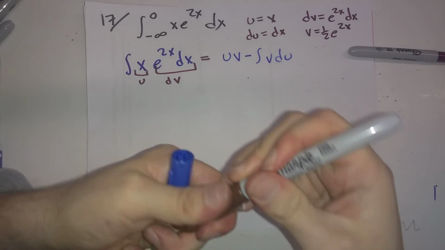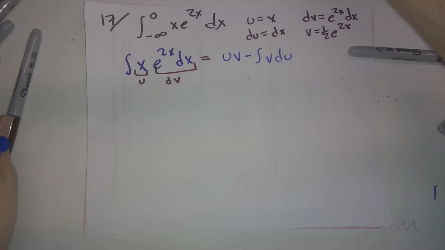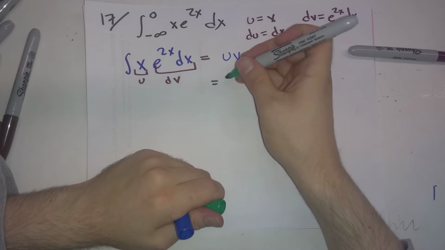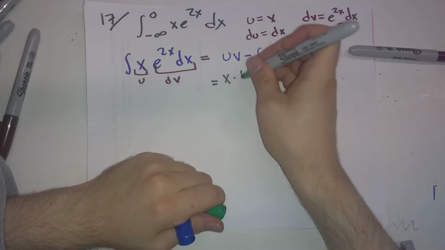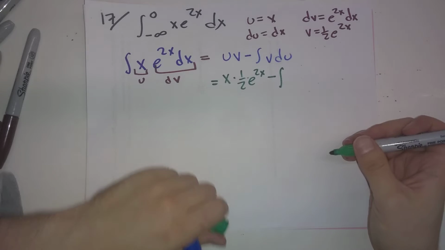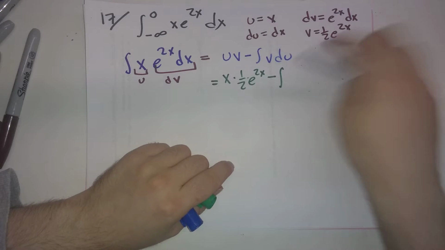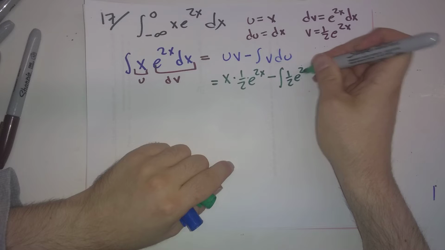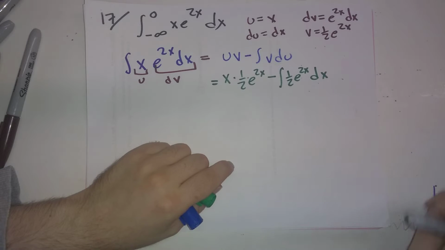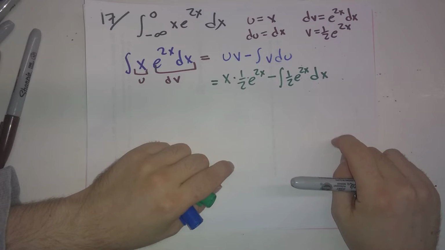And so this is, of course, equal to uv minus the integral of v du. And putting these pieces together here, we end up with x times 1/2 e to the 2x minus the integral of v, 1/2 e to the 2x du, which is dx. And so we have successfully reduced the exponent here.